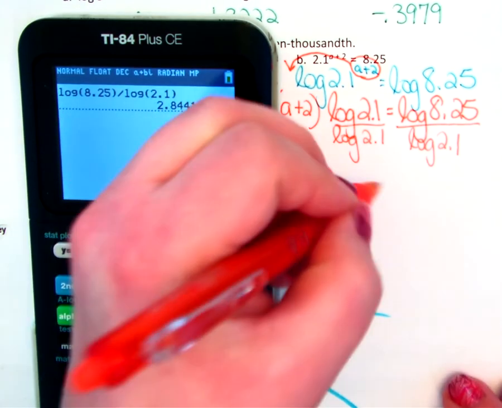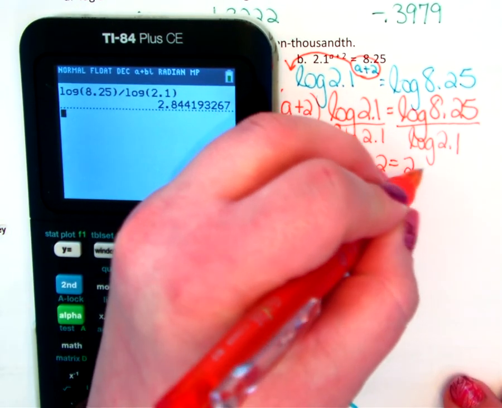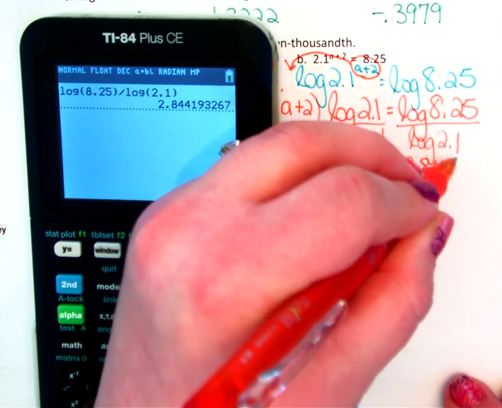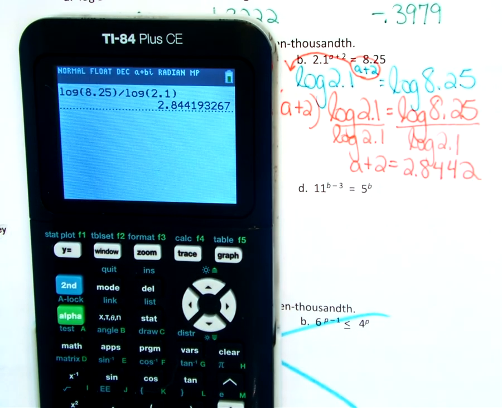And I get the a plus 2 is equal to 2.8442. Now notice I'm keeping that whole number in my calculator.